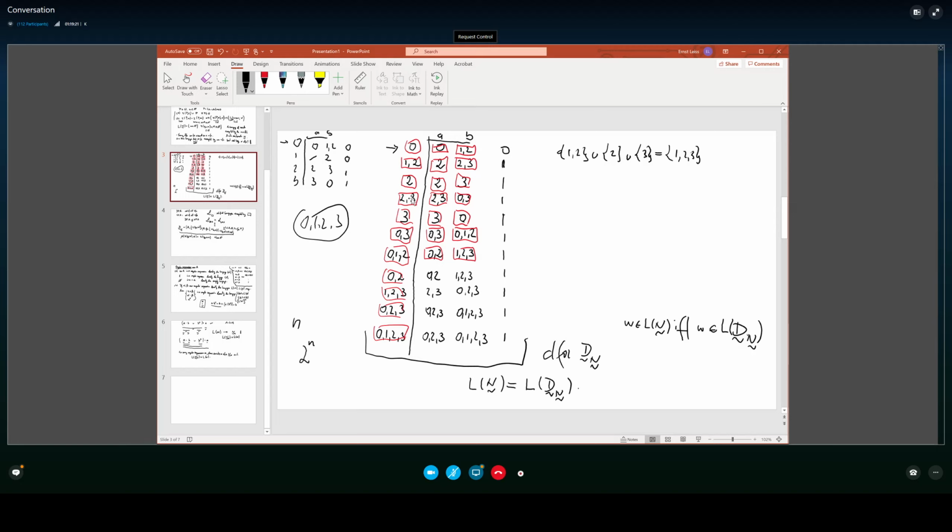I just put these boxes around so it becomes visually more obvious that this is one thing. So 2 is very different from 2, 3, and 3 is very different from 2, 3. All of these are 3 different states.